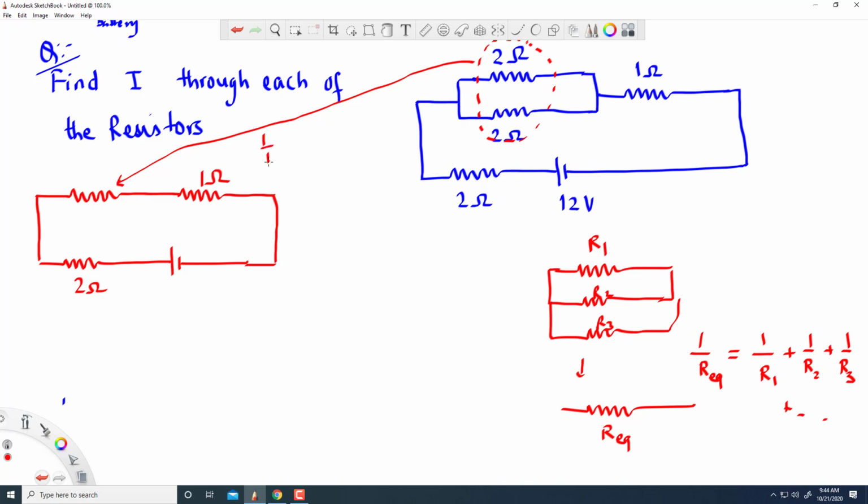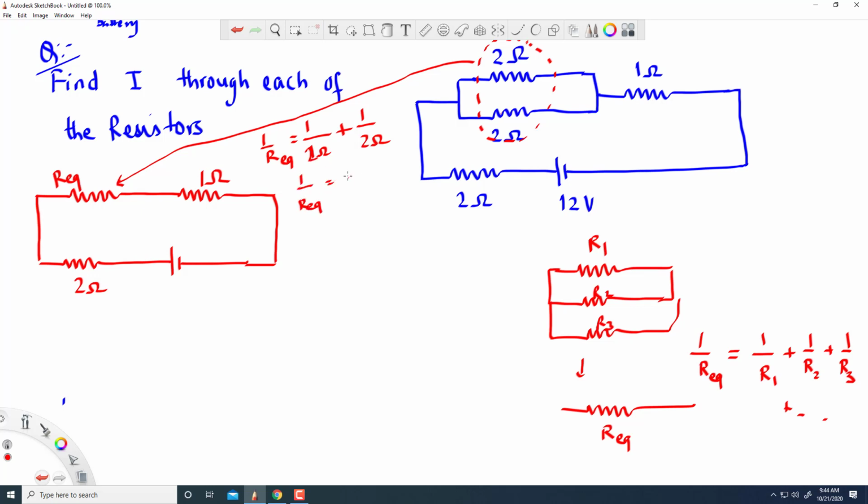So, 1 over R equivalent is equal to 1 over 2 ohms plus 1 over 2 ohms. Take the reciprocal of each and add them. That will give you 1 over R equivalent.